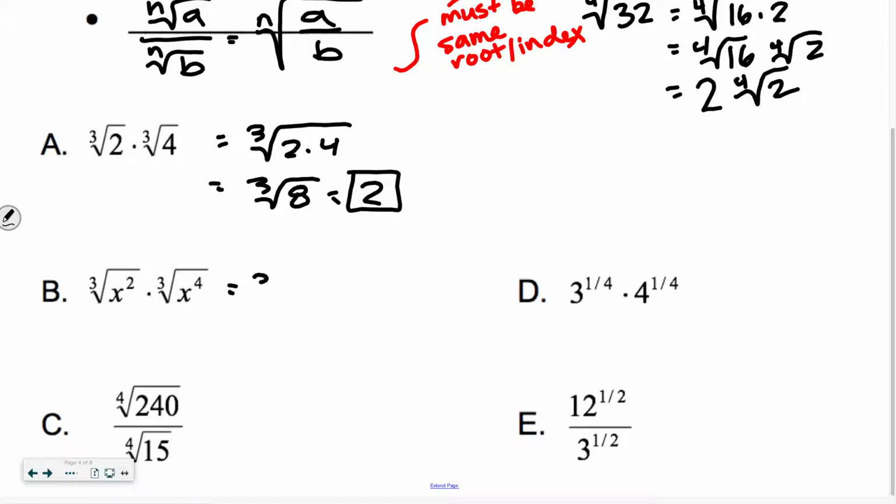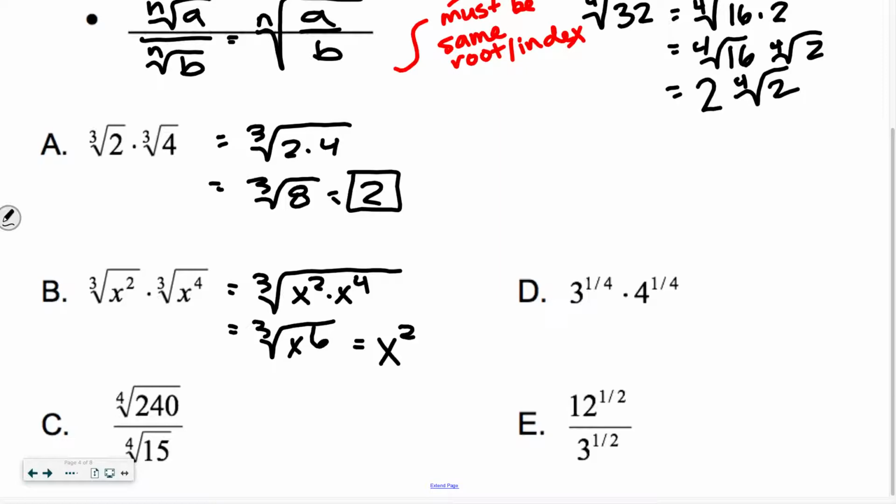In B, I'm going to do the cube root of x squared times x to the 4th, which is really x to the 6. Yeah, jumping ahead there. But then can you do the cube root of x to the 6? Yes, it's x squared. And we're going to talk more about that down below when we do the remainder piece.